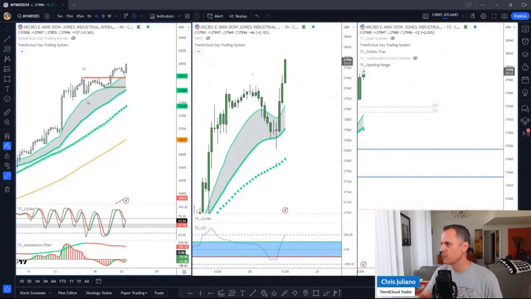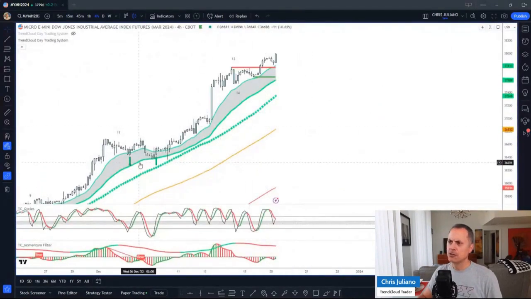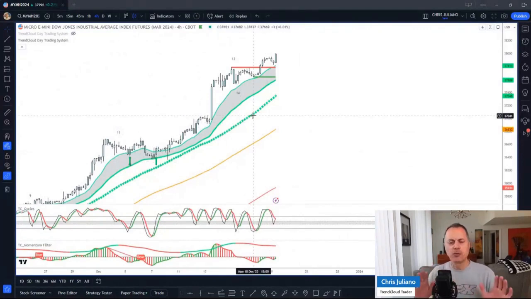Let's go over to the 4-hour chart here, and you can see clearly you're in an uptrend, right? I love having a visual representation of price on my chart, and that's exactly why I programmed Trend Cloud to do this. I need a visual representation of trend. I need a visual representation of price and momentum across multiple time frames.